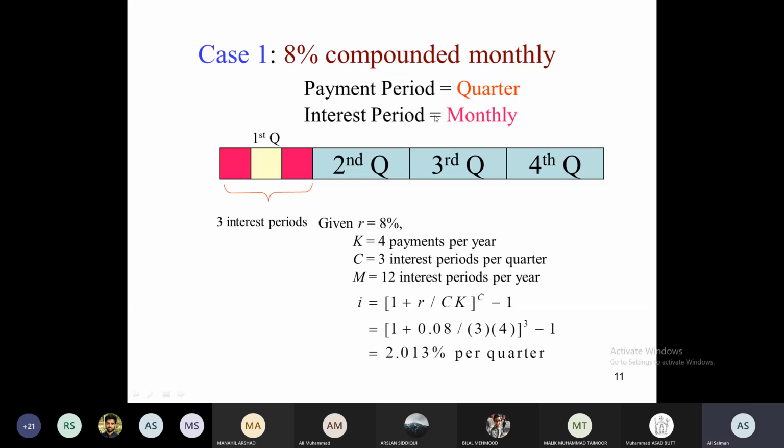Only you need to change the interest period from monthly to weekly, and then see what the effect is, what value of i comes, what the calculation is.